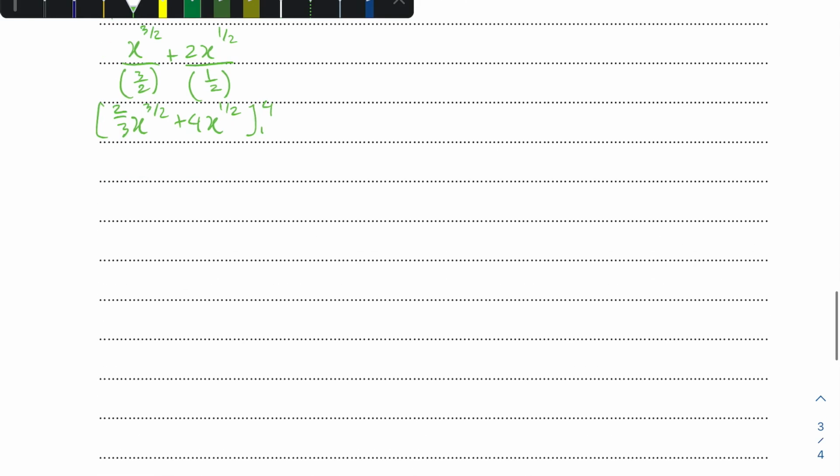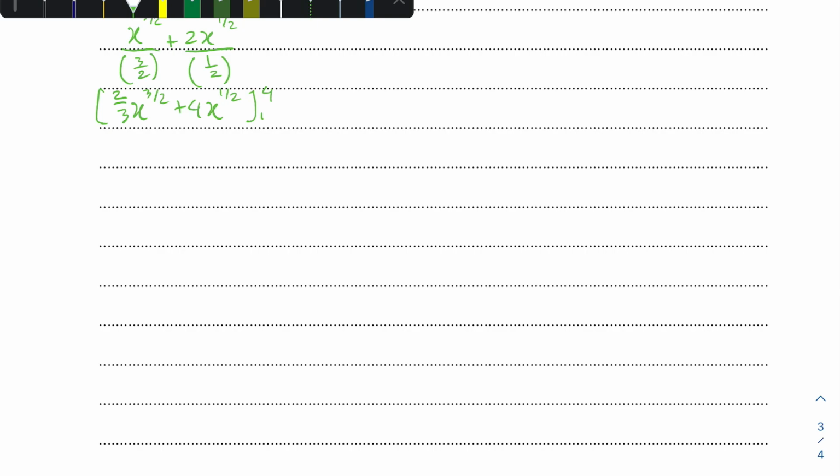I'm gonna substitute 4 first. You always put the highest limit, subtract by the lower limit in order to calculate it. So yeah, I'm gonna substitute the 4 first. 2 over 3 times 4 to the 3 over 2. Alright. Plus 4x, the x gonna be 4, substitute 4, and then to the half right there, minus.